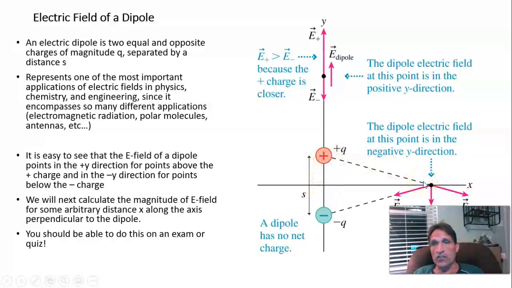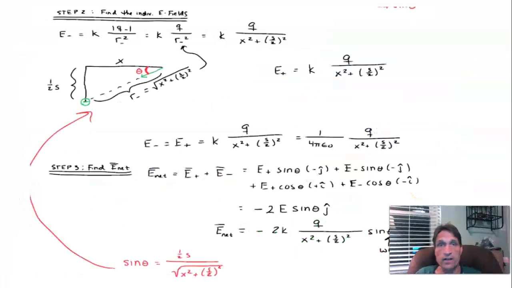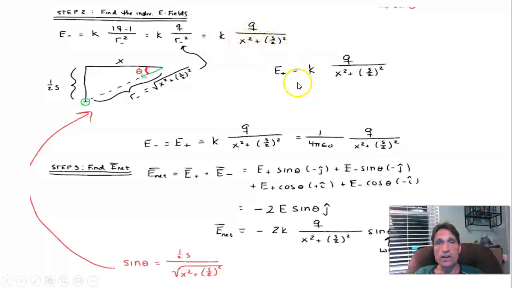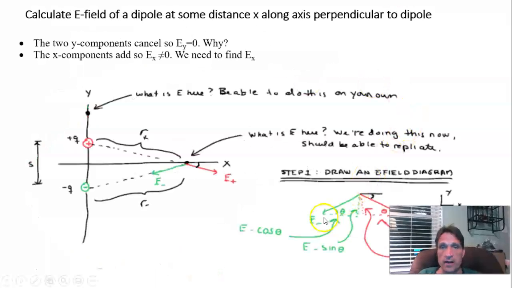Okay? And since we now know the distance between each of the source charges and the probe charge, we can get the magnitude of the electric field. It's just K times Q over x squared plus (s over 2) squared. So that gives that term, E plus or E minus, in here.